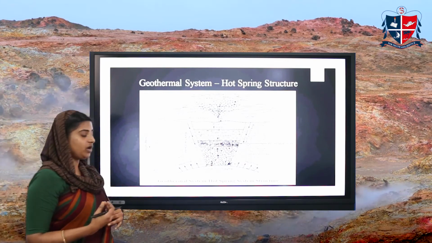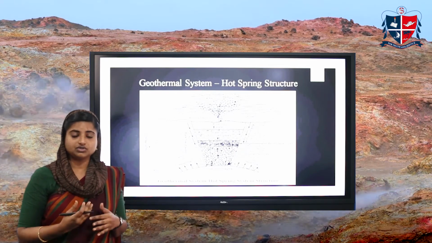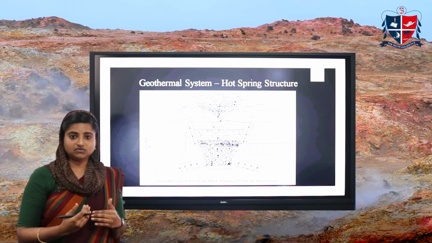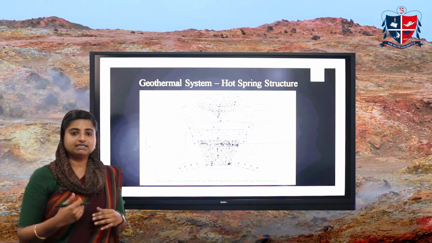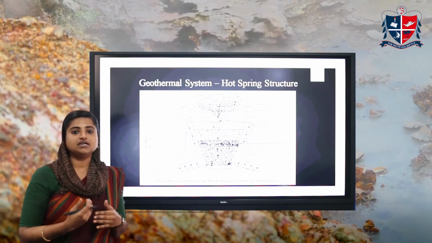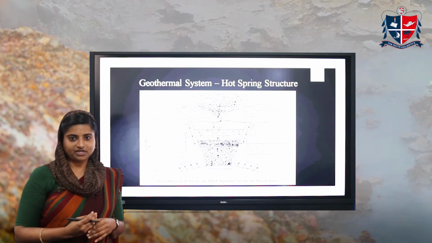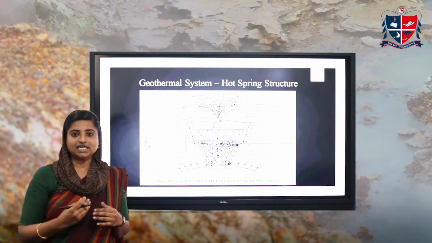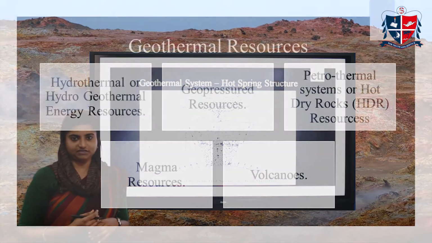When the underground water comes in contact with these hot rocks, the heat is transferred to the water and the water is converted into steam. And this steam comes out of the Earth's surface as hot water fountains or hot springs. Now, we can utilize this steam coming out of the Earth's surface for electricity generation.